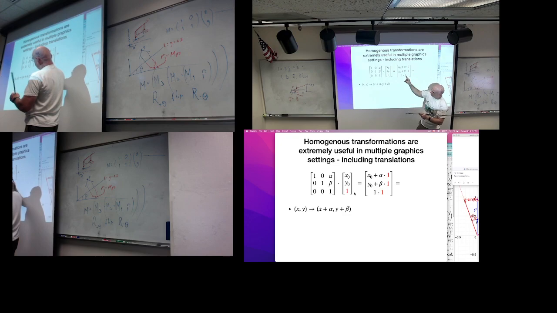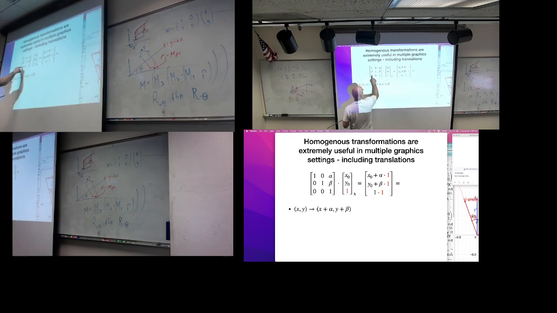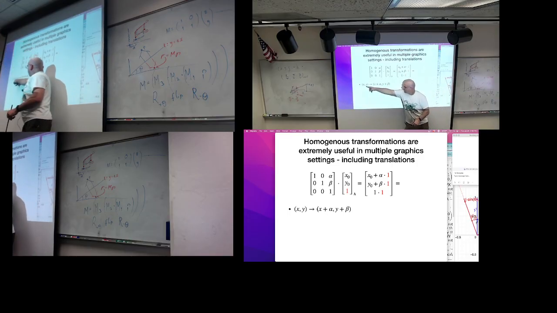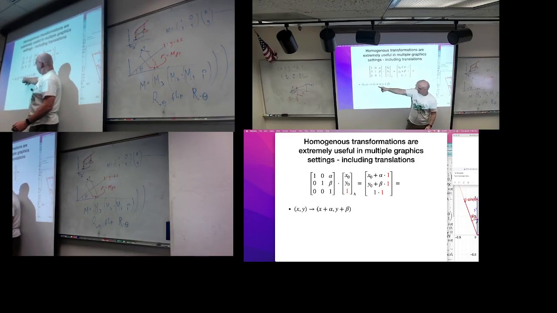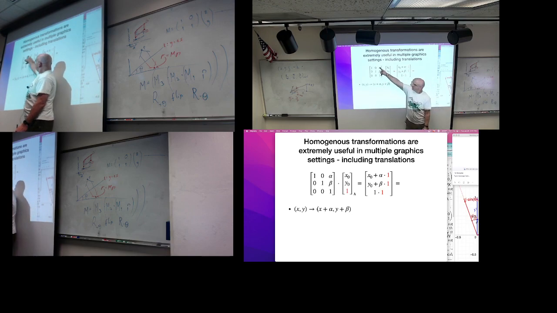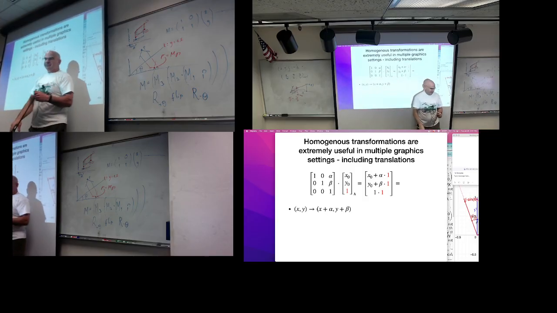What about the last coordinate, the w? 0, 0, 1 times x0, y0, 1 just gives me 1 at the end. So the point x, y moves to the point x plus alpha, y plus beta. If I decide that I want a shift of the plane by 2 units to the right and 3 units downward, alpha will be 2, and beta will be minus 3.